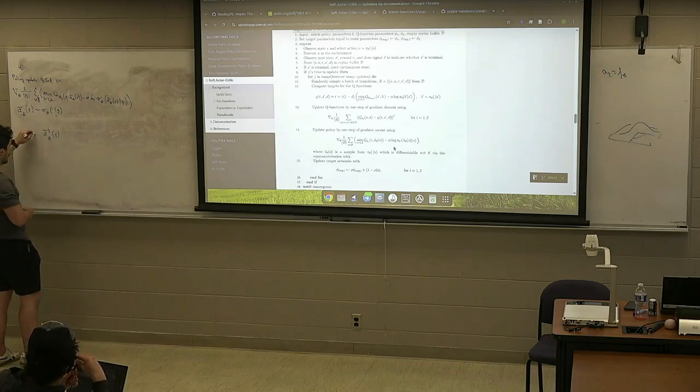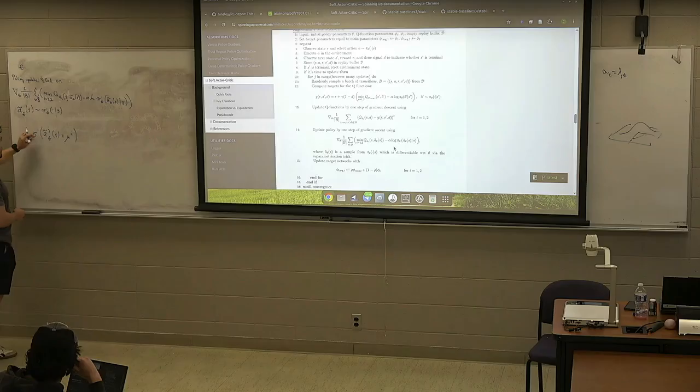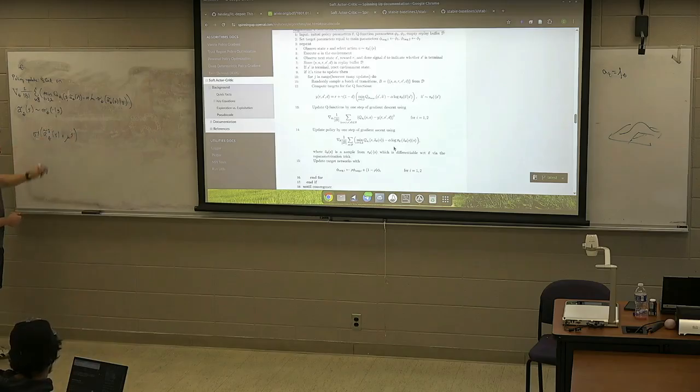Then you'll have sigma i and plus mu i. So this gets treated as a constant. When you do the differentiation, this acts like a scalar for the sigmas, but it doesn't do anything for the mus.